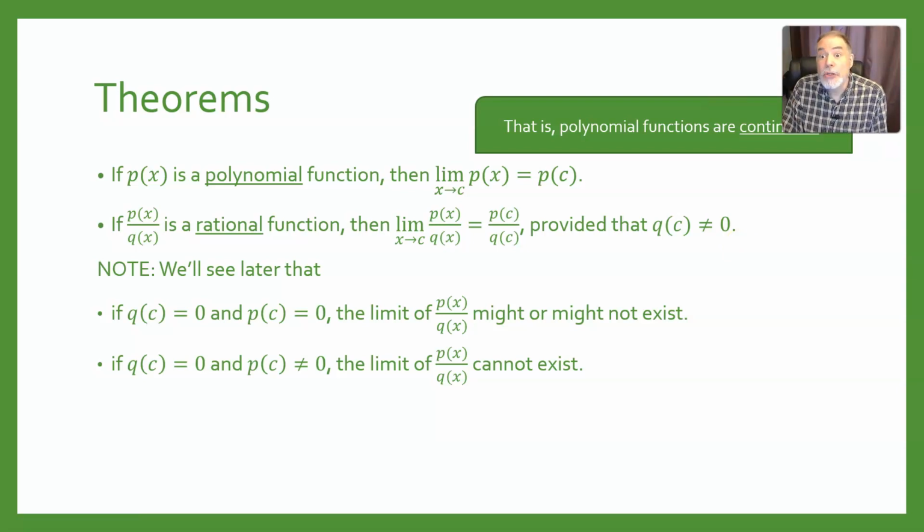And if you also get a 0 in the numerator, then the limit of the whole thing might or might not exist. But if the denominator gives you a 0 and the numerator gives you something other than 0, in that case, the limit of the whole rational function cannot exist. So that's coming up later in this video.